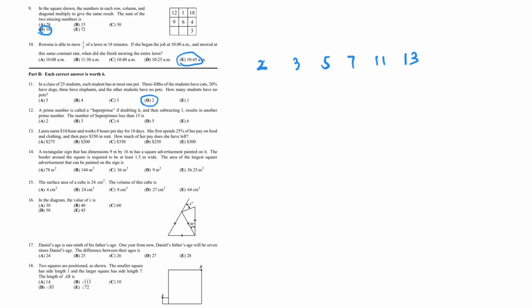To get the superprime, we must double the number, 2 times 2 and subtract 1, gives us the 3. So 2 is the superprime.